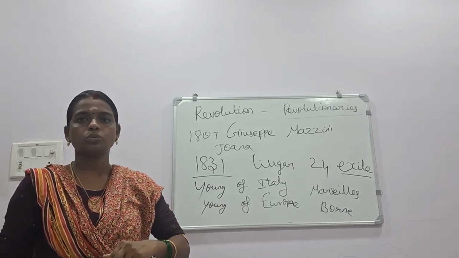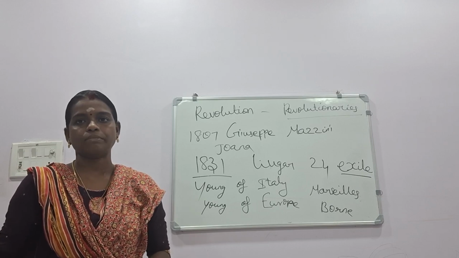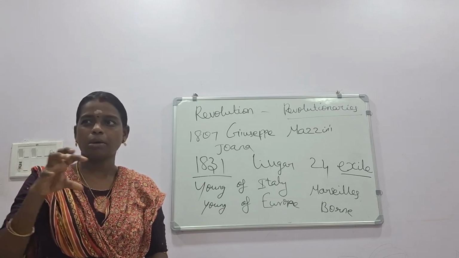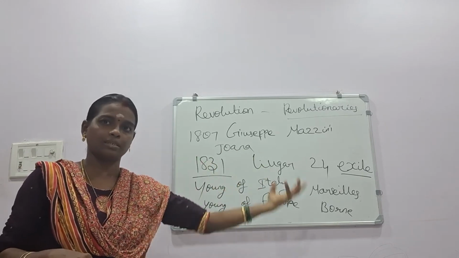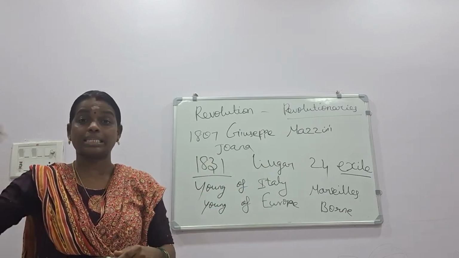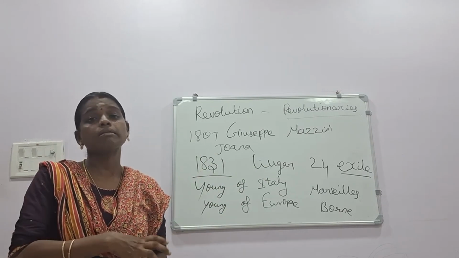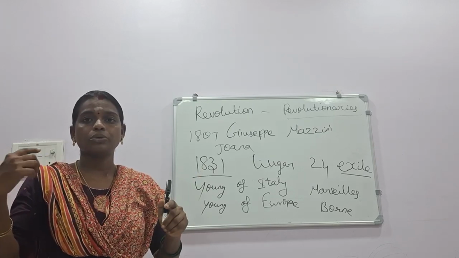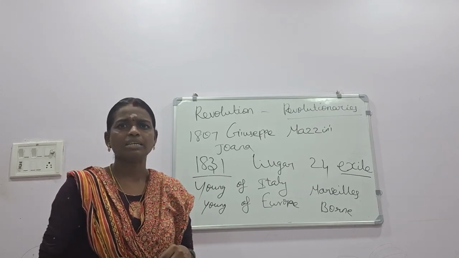The other thing was to unify Italy, demanding the unification of Italy. In that time, the territories were scattered, one place located somewhere, another place located on the other side. That kind of condition was prevalent in those times. But he demanded that Italy should be unified.